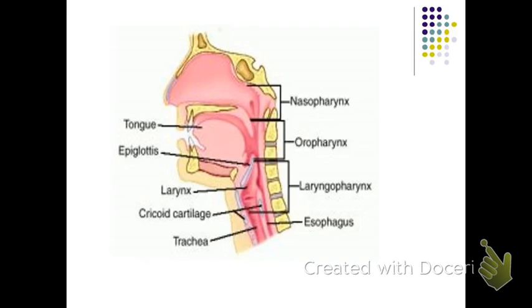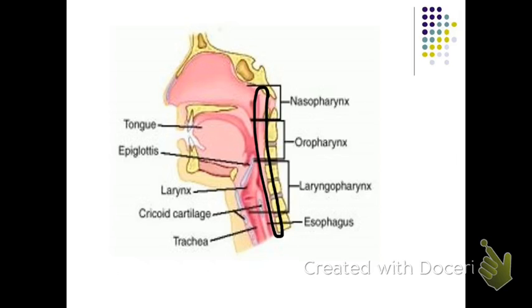And here is a transverse image showing the position of the pharynx, specifically the naso, oro, and laryngopharynx. And you can see here that the esophagus is compressed right behind the trachea, and it actually gets bigger when the epiglottis is open and allows food to travel through.